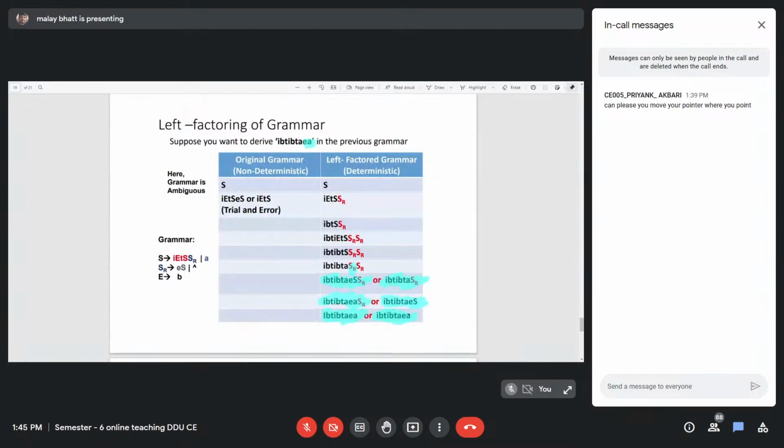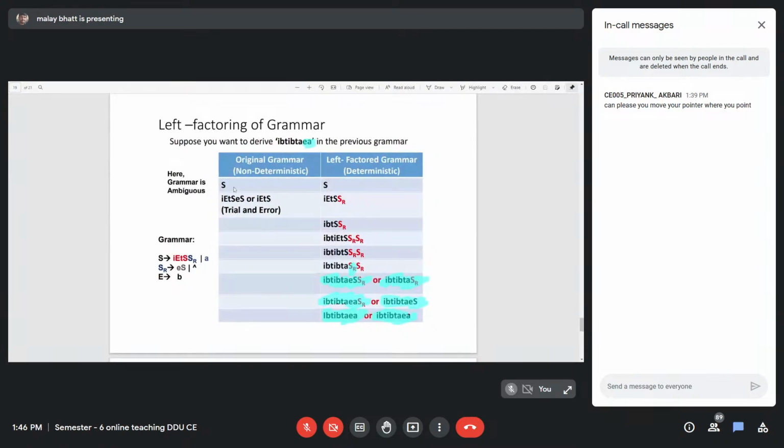Now here from S we have IETS, ES, or IETS. Again we have to go for trial and error because we want to derive the string IBT, IBT, AEA.